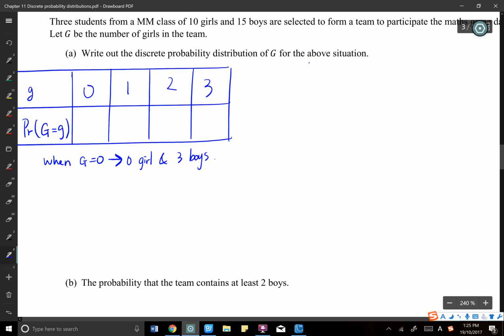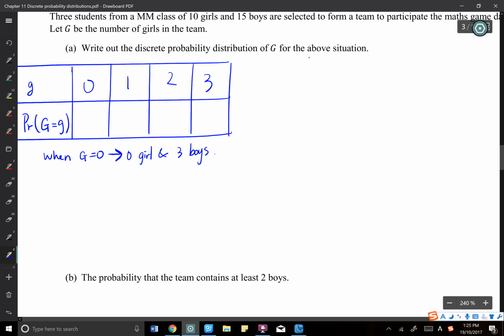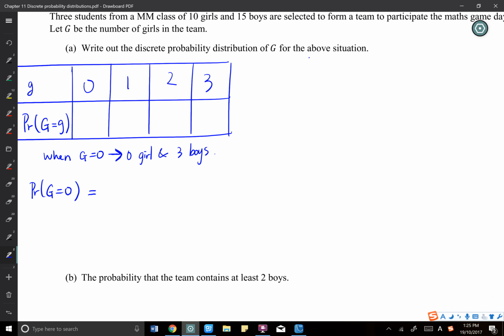To tell you the number of girls, you must know the number of boys as well. So I want to find the probability that G equals 0, which means there's no girl and 3 boys in the team. This is the event I have interest in.